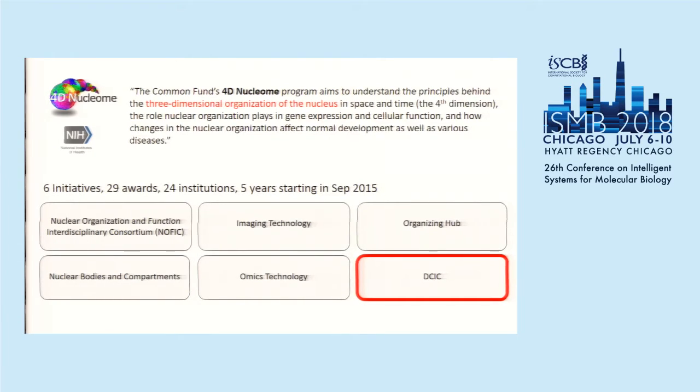And so 4D Nucleome is a program that was funded by the NIH, and it started in September 2015, aiming to understand the principles behind the three-dimensional organization of the nucleus in space and time, etc. It consists of 29 awards that can be categorized into 6 different initiatives, and then they were awarded to 24 distinct institutions. DCIC, or Data Coordination and Integration Center, is one of the 6 initiatives, and that's us.